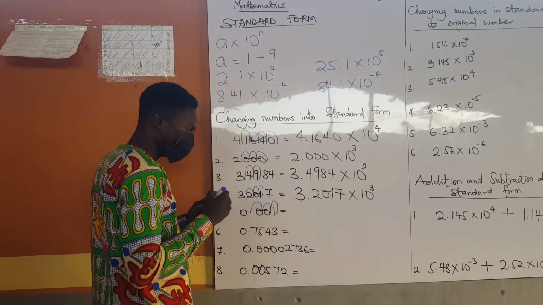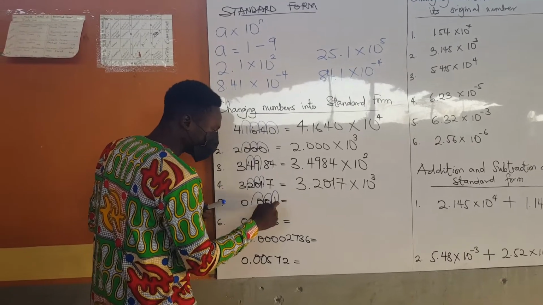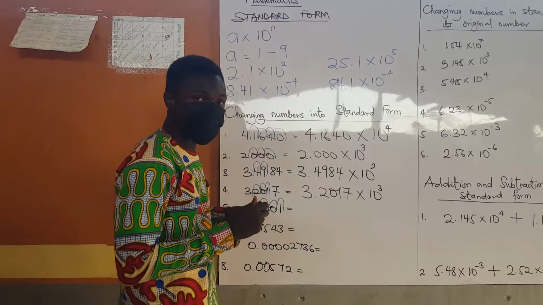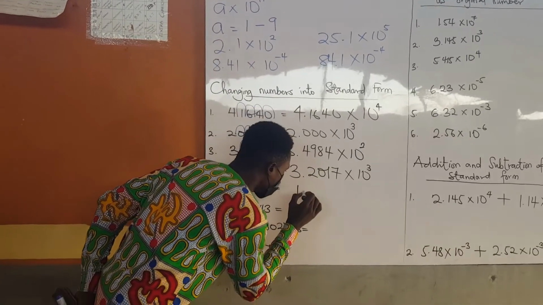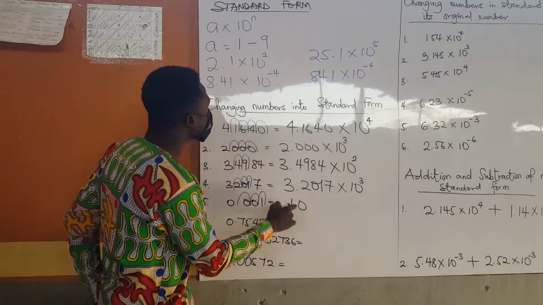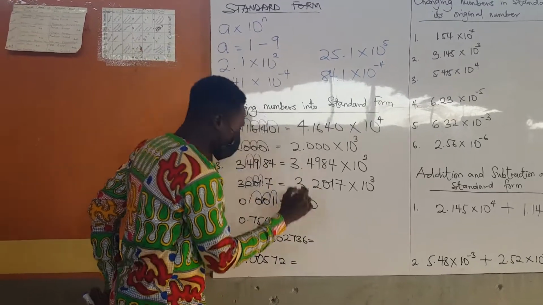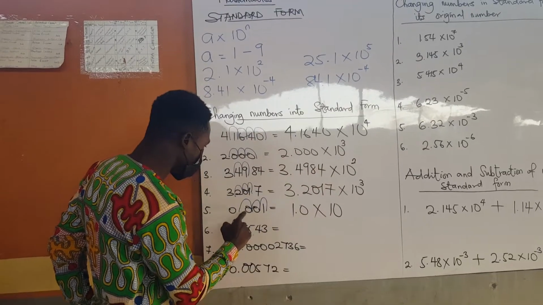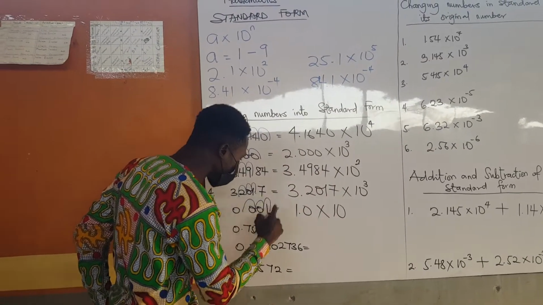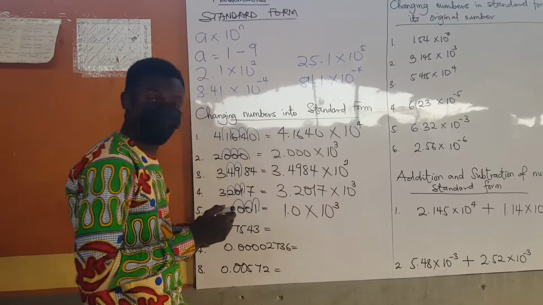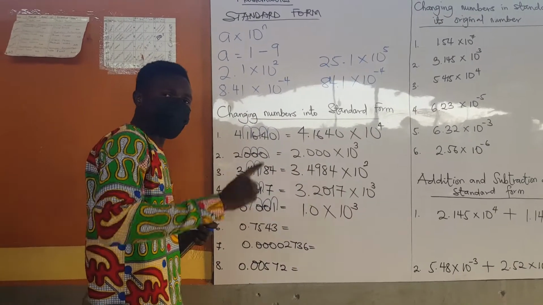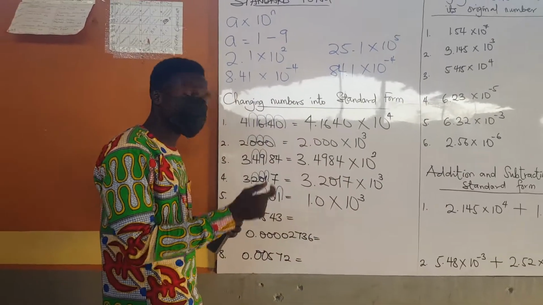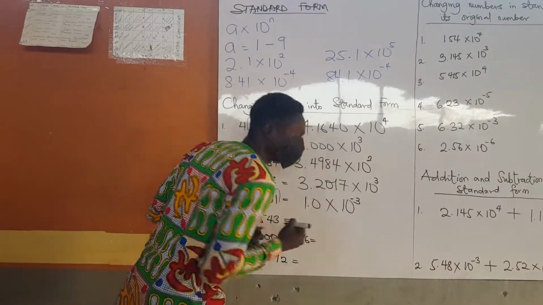So 1.0, I can locate 1 in this range. This will give me 1.0 times 10 raised to the power 1, 2, 3. But this time, because we move to our right, the power of 10 becomes negative.